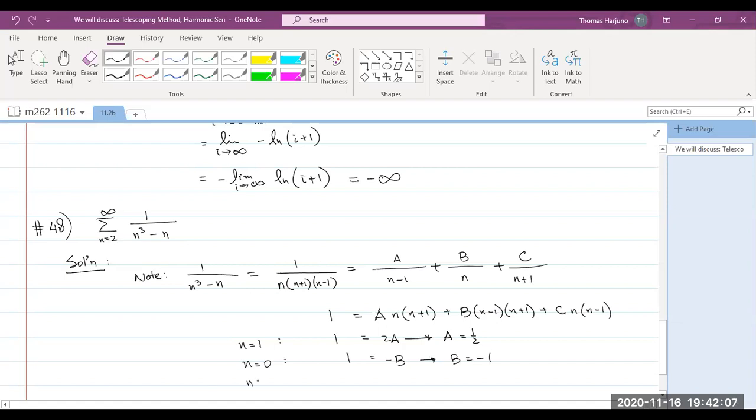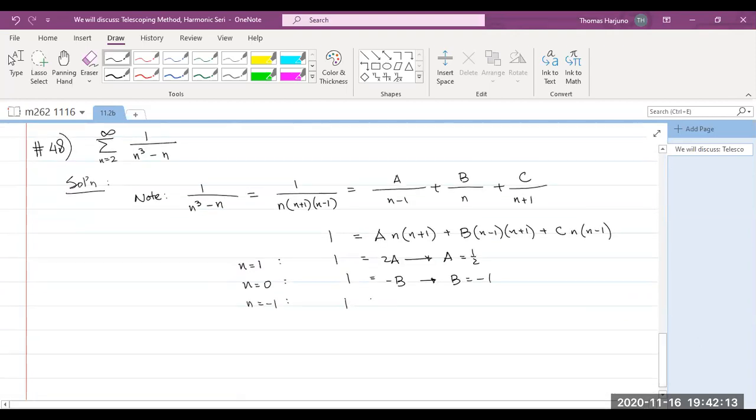When n equals negative 1, I get 2C, so C equals 1 half. So 1 over n cubed minus n equals 1 half over n minus 1, minus 1 over n, plus 1 half over n plus 1.